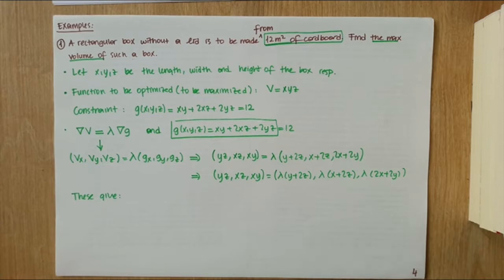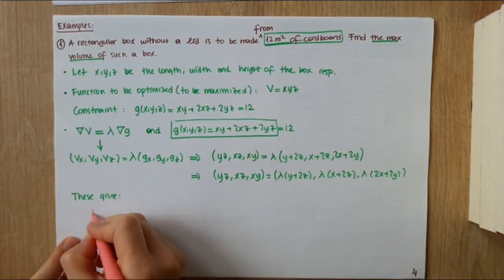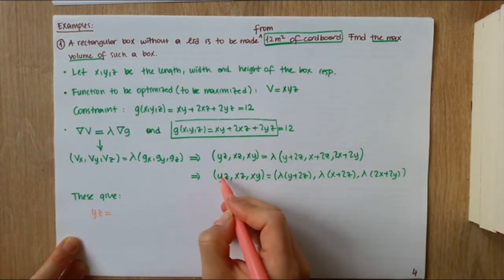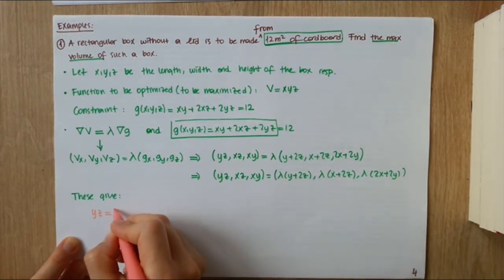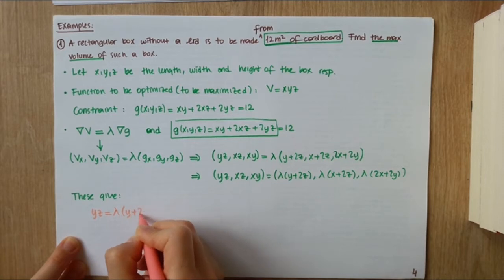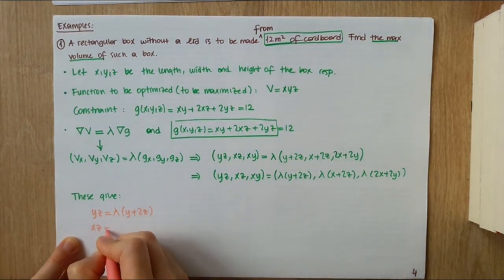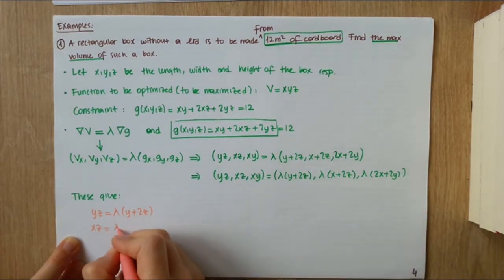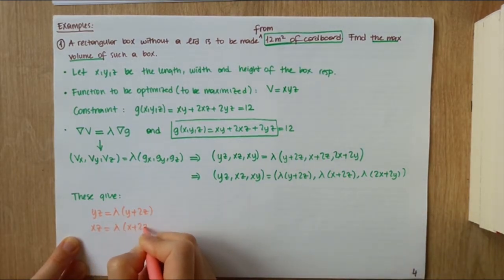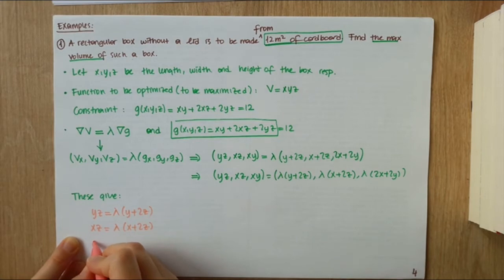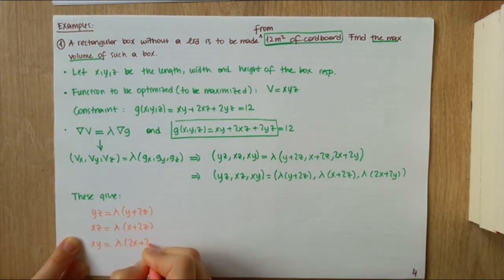First of all, yz equals lambda times y plus 2z. Here xz, the second component, equals lambda times x plus 2z. And the third component, xy, equals lambda times 2x plus 2y.